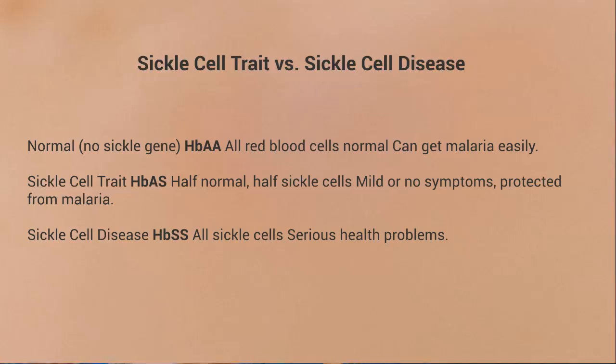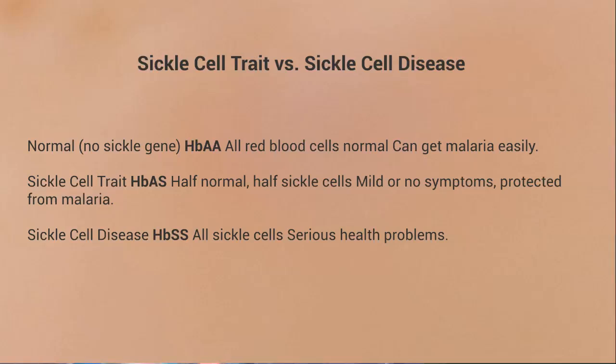But right now, that means all red blood cells are normal and you can get malaria very easily. Sickle cell trait is going to be coded HBAS, half normal, half sickle cell. These cause mild, very limited, or no symptoms. But you're protected from malaria. You're not going to get as sick because some of your cells don't have that rounded shape.